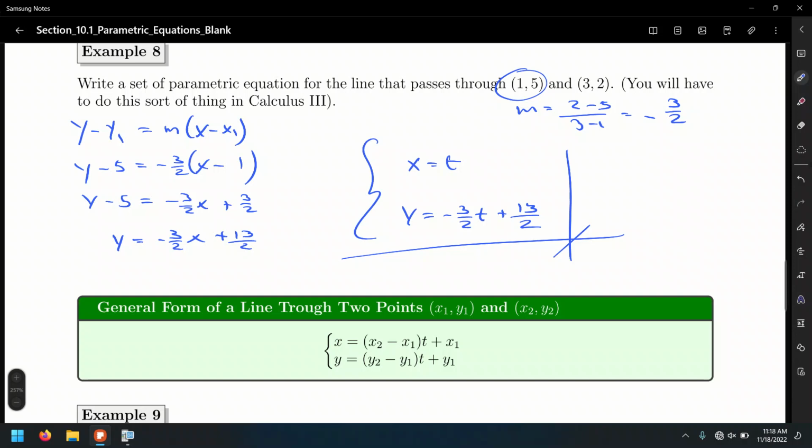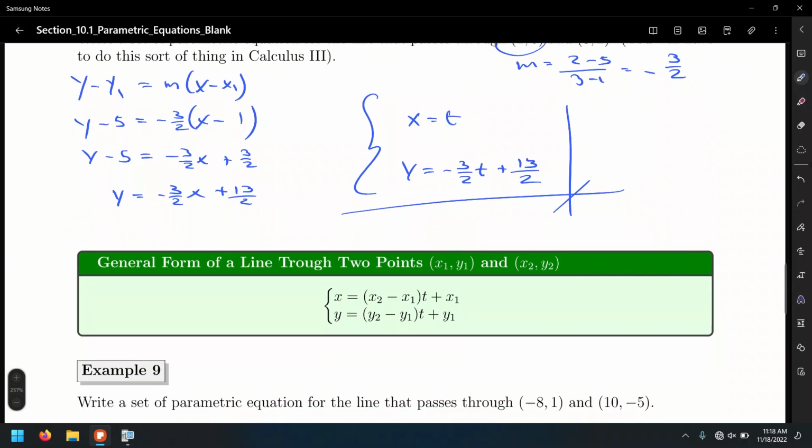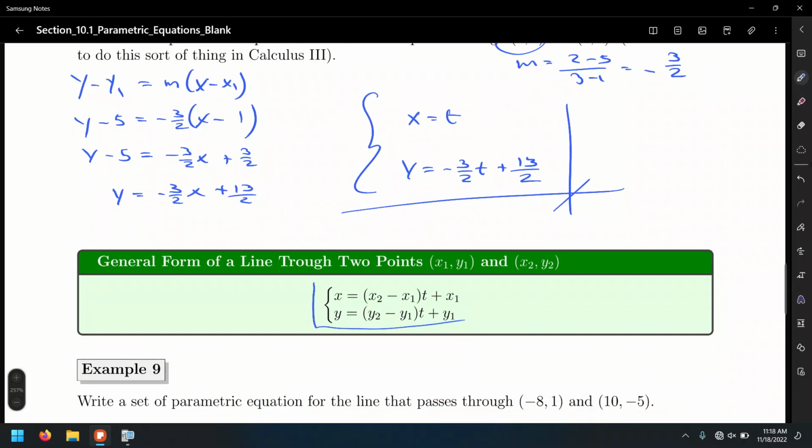There's infinitely many ways to parameterize a rectangular equation. However, the general form of a line through 2 points is given in this form, in which x equals x2 minus x1, that's the delta x, times t, plus x sub 1, and y equals delta y times t plus y1.